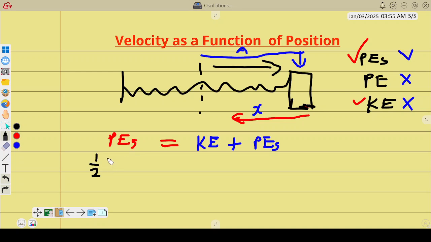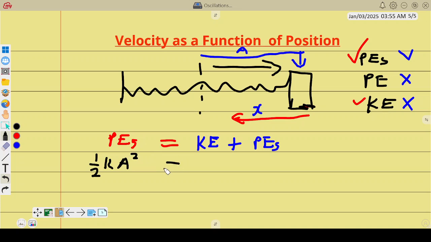In the spring it's half kx squared. But if you see, this is the maximum displacement, so instead of writing x here, we write a squared as the maximum displacement.